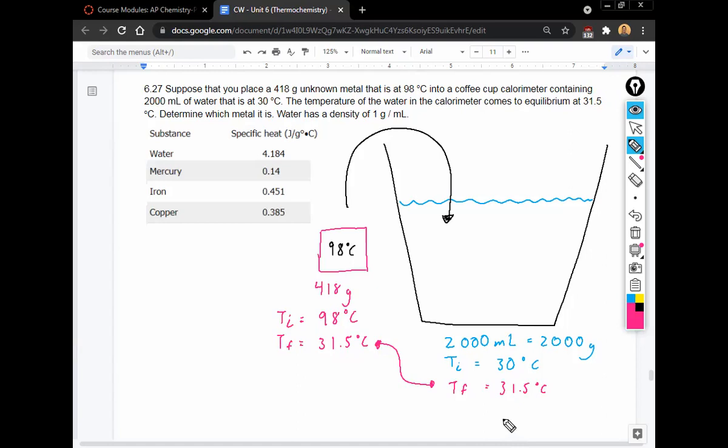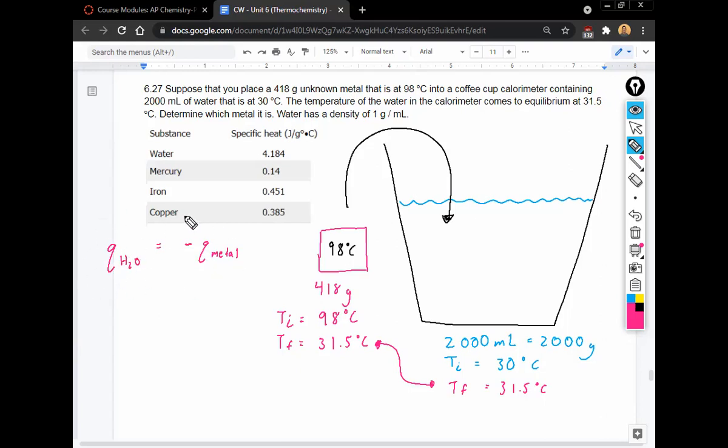Based on that information, the question is asking us to figure out what the metal is. Now this might seem like a random jump in logic, but we can think about it in terms of the Q equation. We know that the heat of the water must equal the opposite of the heat released by the metal, because the water is absorbing energy since it's getting heated up, but the metal is losing energy because it's cooling down.